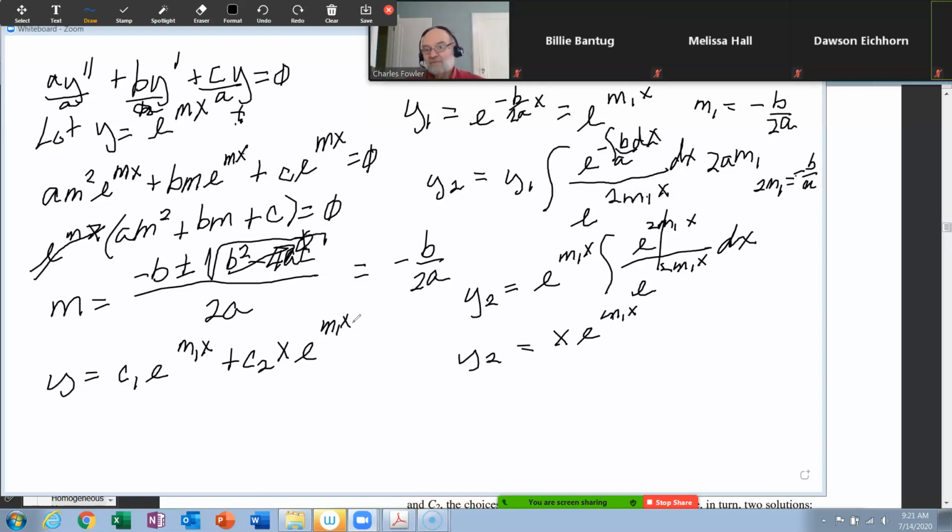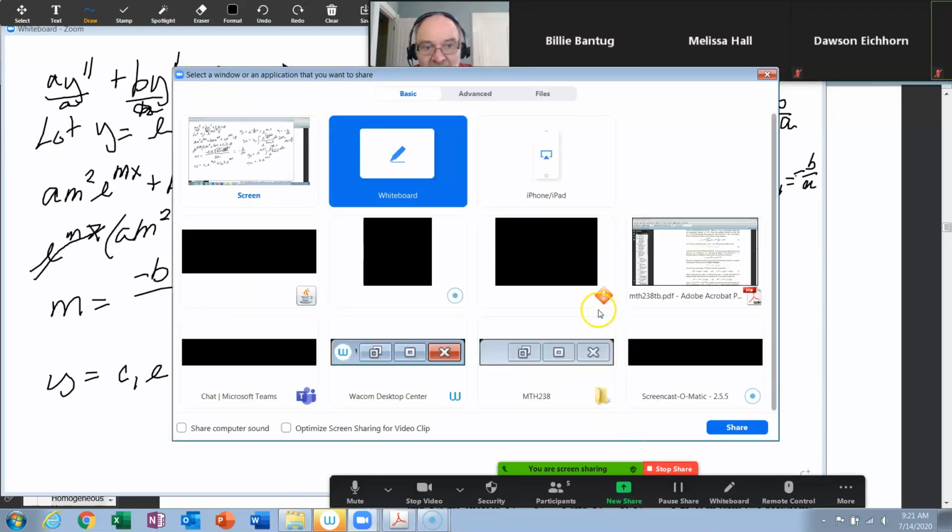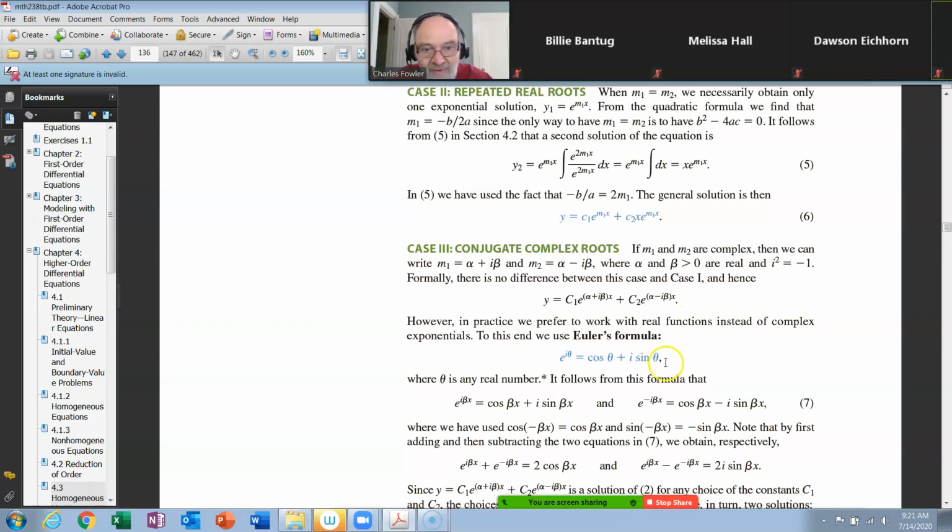The second one, because you only have one m, is C2 x e to the mx. So that's how we handle it when we have a repeated root. And you see that's exactly what they got here. It's only one m, not two m's like we had before, but we have two functions with m in it. One is e to the mx, the other is x times e to the mx. And those are linearly independent.